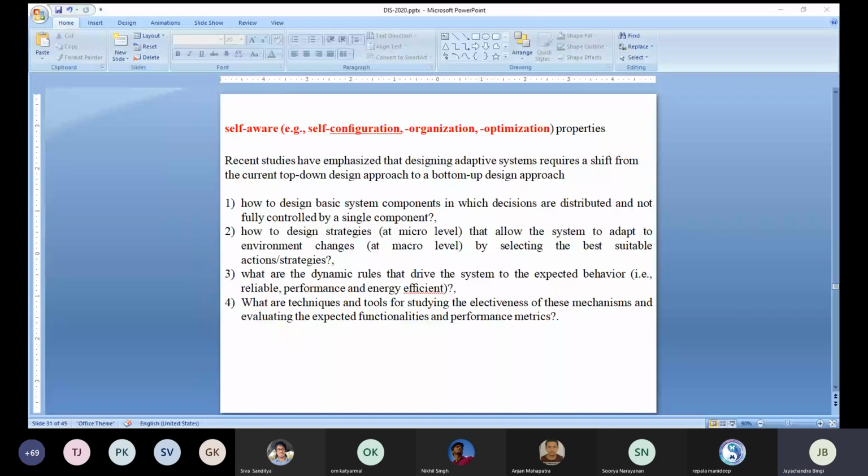Any other thing? What is meant by self-evolution? Self-evolution and self-improving, please remember, they are nearly correlated.